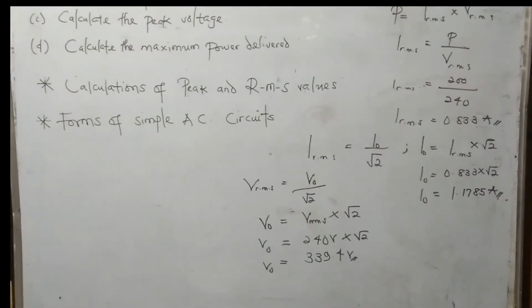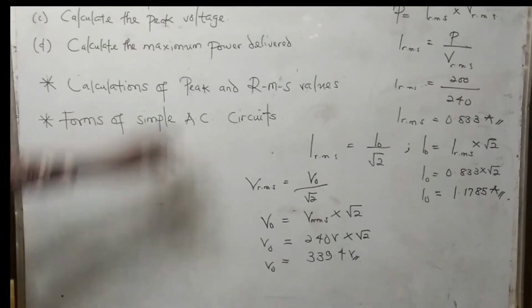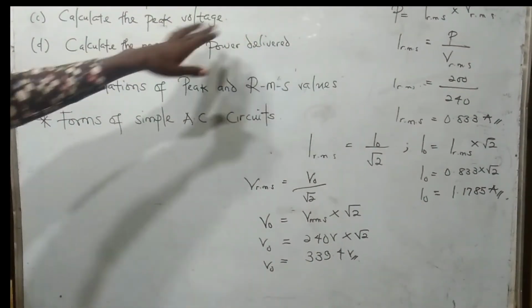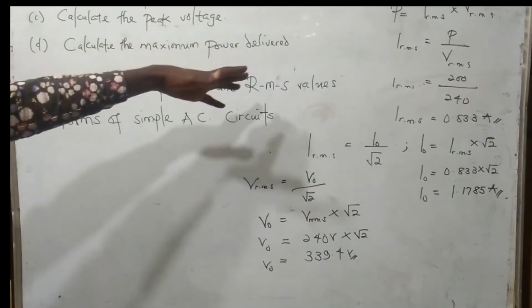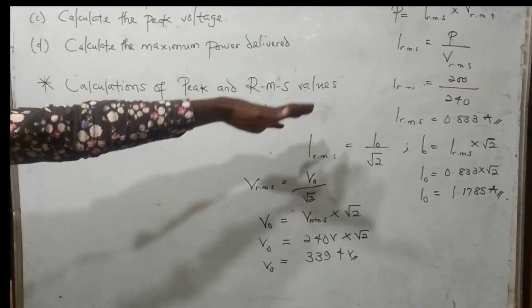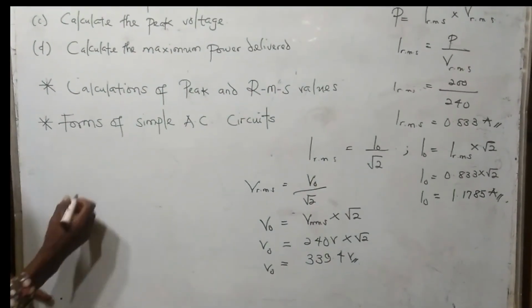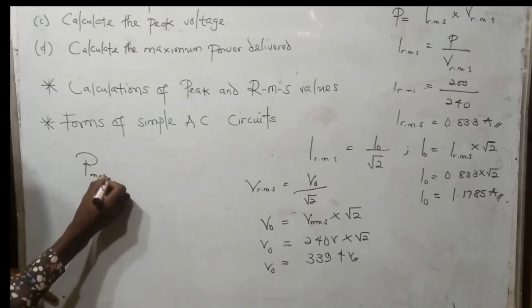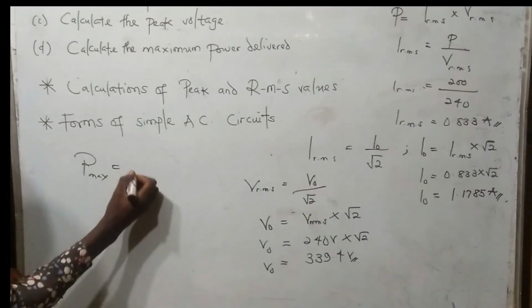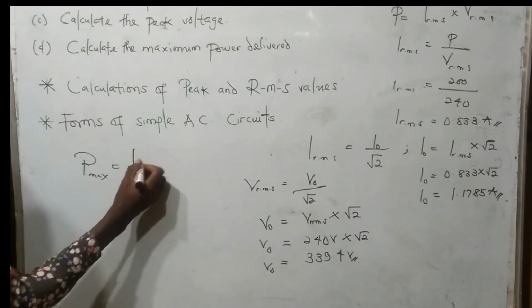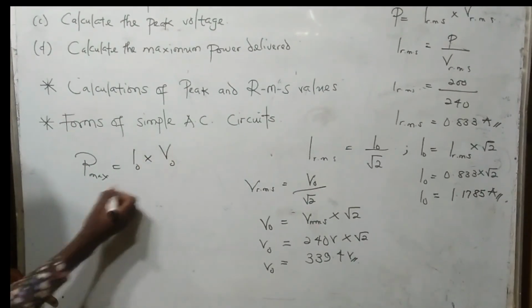And lastly, we are asked to look for the maximum power delivered. This should not be a problem, since you know that your maximum current is your peak current and your peak voltage is your maximum voltage. So for you to get your maximum power delivered, you just need to multiply both together. That way we have our maximum power delivered to be our peak current times our peak voltage.